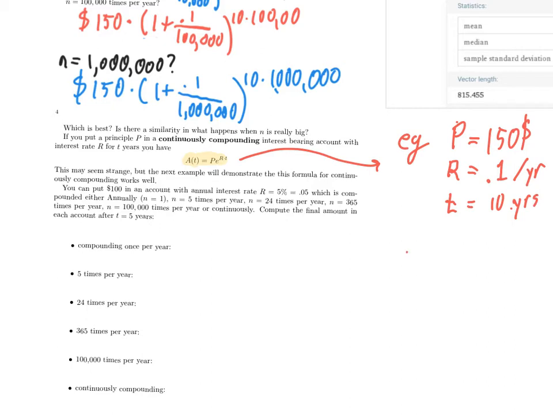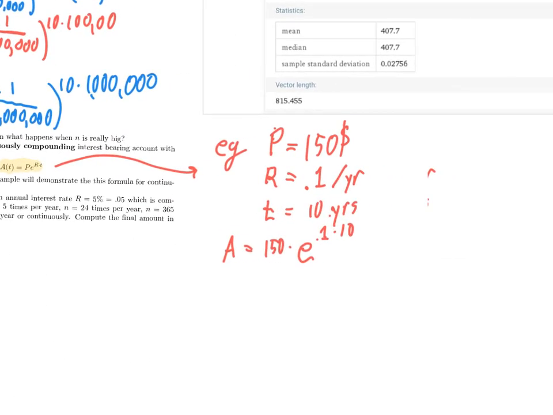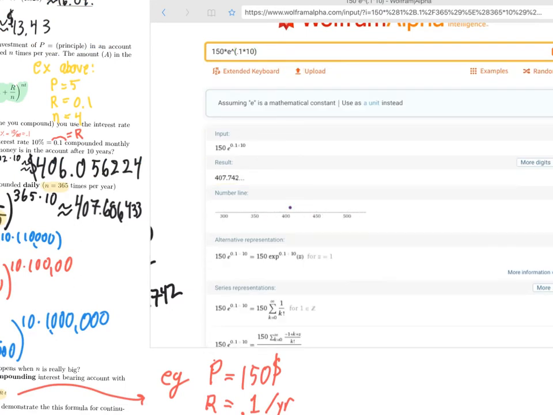So that means that A should be equal to P, 150, times e raised to the R, 0.1, times T, 10. Let's see what that is approximately. Again, I'll pause and write down the computation. Okay, we're back. So, there it is. There's a computation of 150 times e to the 0.1 times 10.